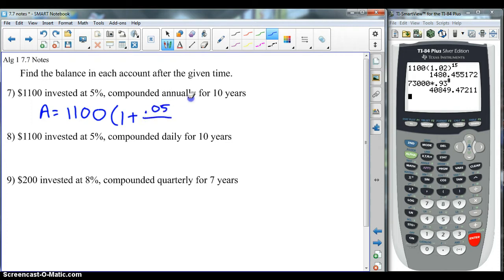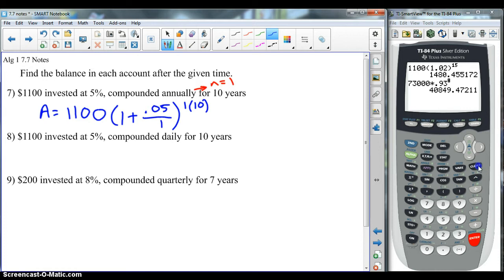Now note this says annually. When you see annually, that means n equals 1. So we're going to put a 1 here, and then it's raised to the 1 times 10, that's t, time in years, power.